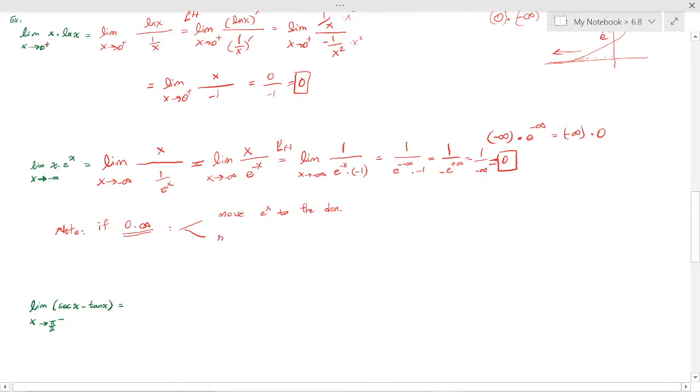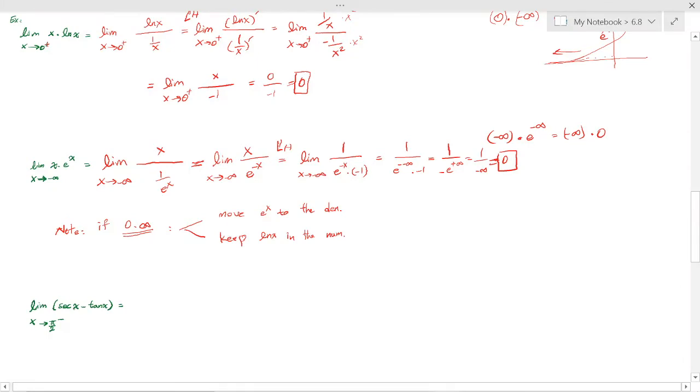And if it involves ln x, keep ln x in the numerator. Again, this is not always true, but in most cases this is how you can simplify, how you can apply L'Hopital's rule, and it turns out to be the best choice. Not always true, but most of the time this is the case.